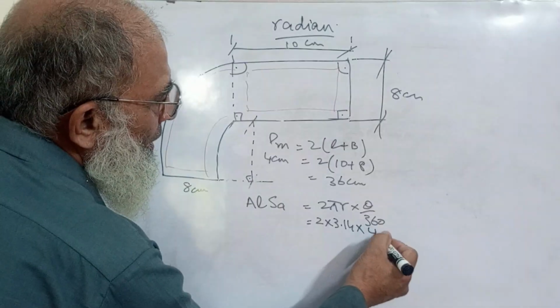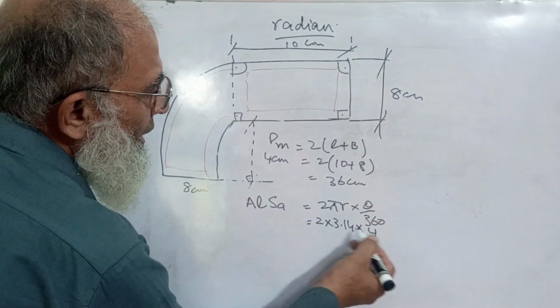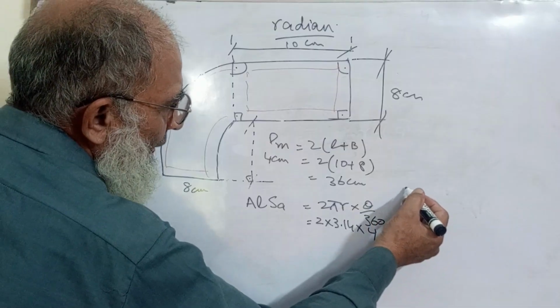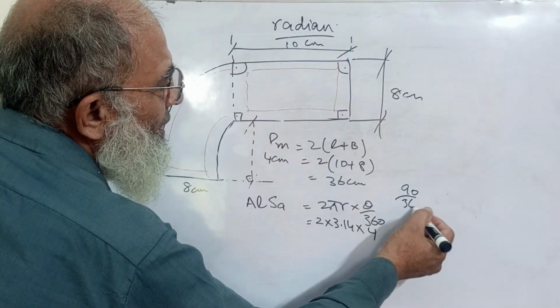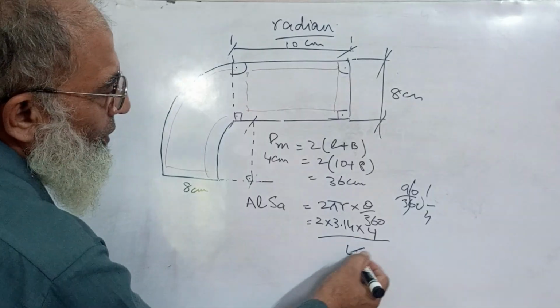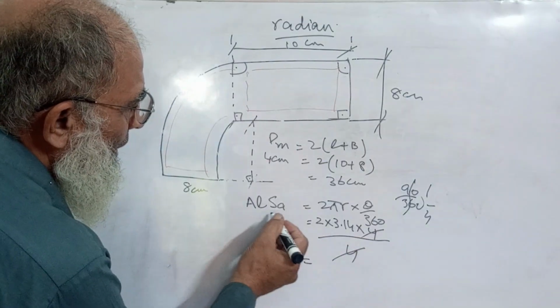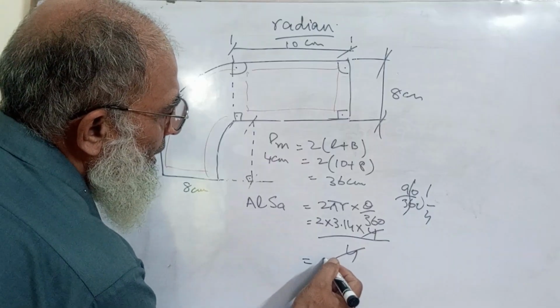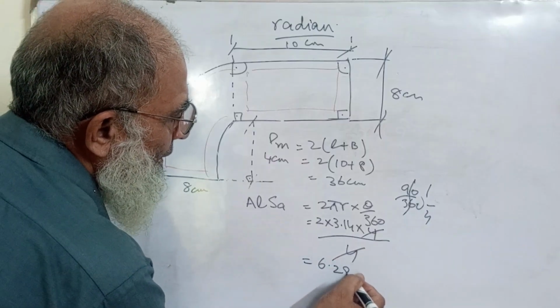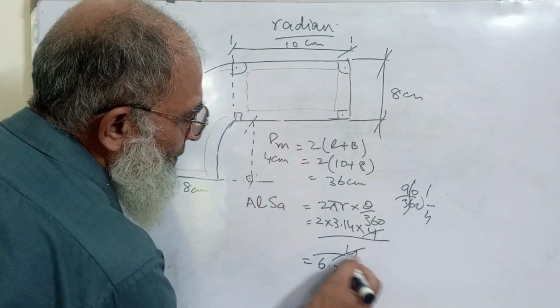Since this is a quarter circle, you can also do it like this: 90 upon 360 is 1 upon 4. So just divide it by 4. The 4 will cancel with 4, and the smaller arc length is 6.28. Just keep these answers.